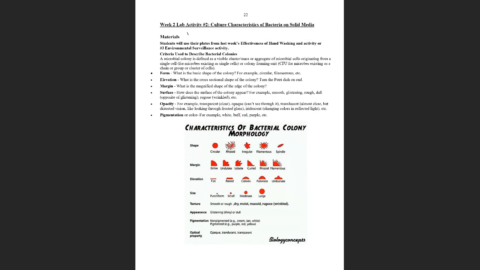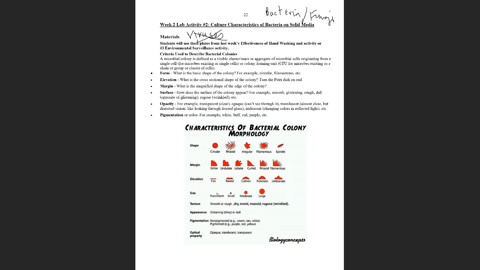Fungi make colonies on the surface of growth media. You have to remember that we cannot grow viruses in these media that we are talking about, because viruses only grow inside living cells. So the things that we are talking about are for bacteria and/or fungi. So when you are looking at a colony, you're basically looking at either bacterial colonies or fungal colonies.